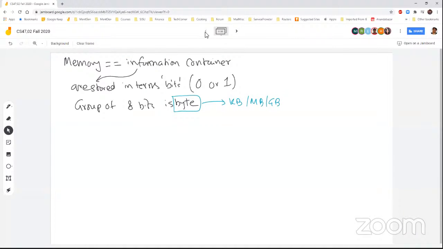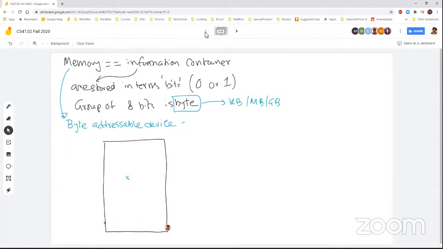Why do we deal with this? Because usually we see memory as a byte addressable device. So what does it mean? That's what we see from a programming perspective, which means think of the memory as a giant container of information, with separate byte-long units.